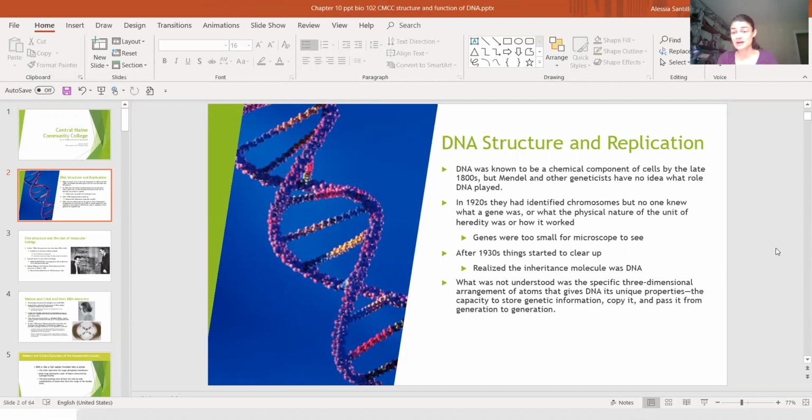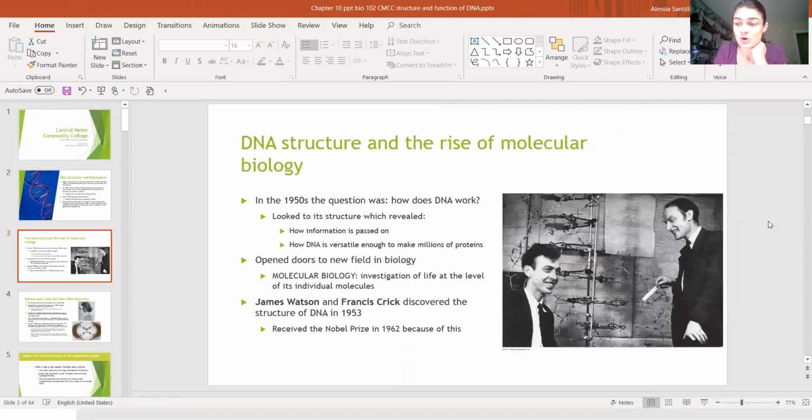What was not understood, however, was how DNA did this, right? They didn't understand how DNA was passed on from one member of the family to the offspring. And in order to understand how DNA did this, they had to figure out the three-dimensional structure.